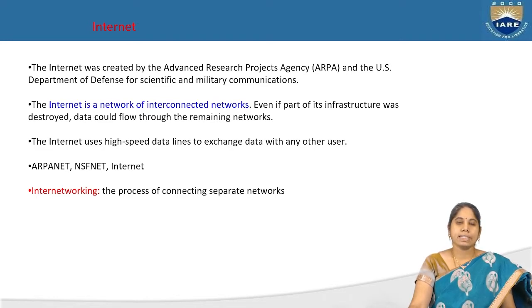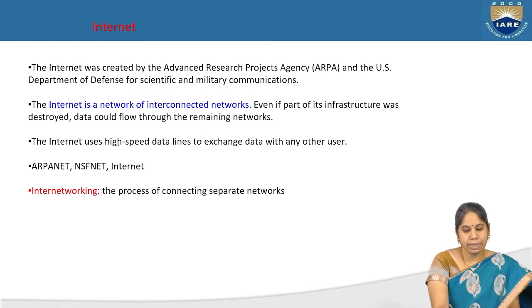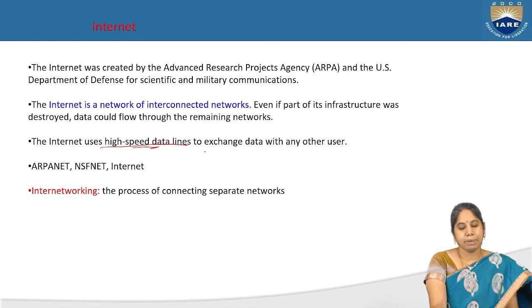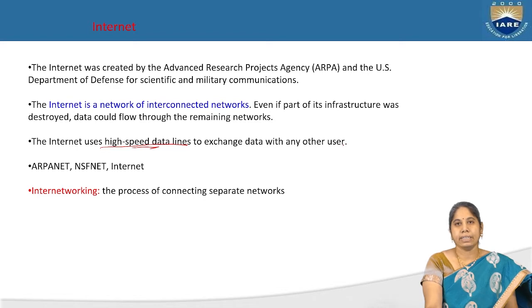How are these computers connected and able to communicate? By using high-speed data lines. These high-speed data lines carry the information to exchange data with any other user. Who developed all this?